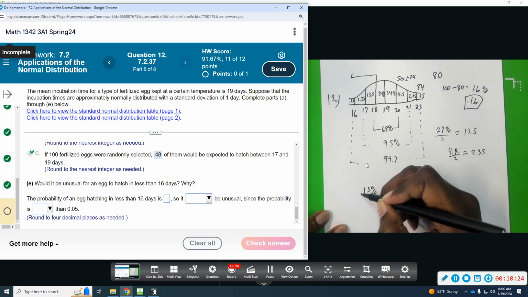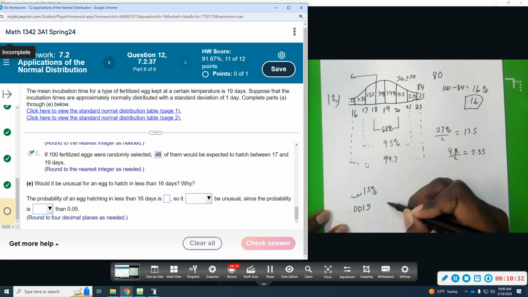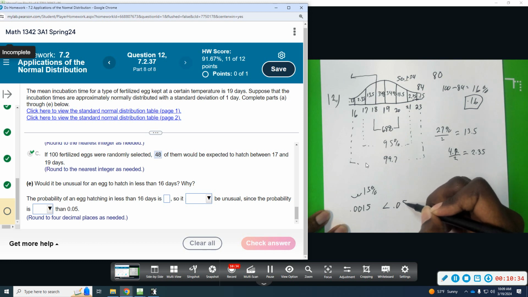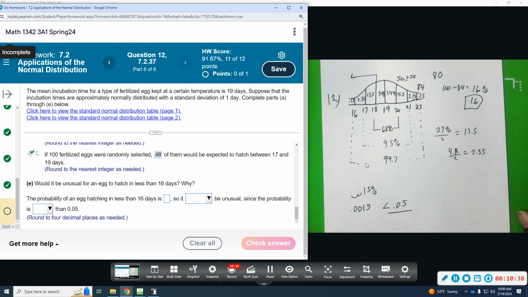As a decimal, move it over 2 times to the left. This would be 0.0015. This is less than the 0.05, which is our standard rule for being unusual. If something is less than 5%, it's unusual.